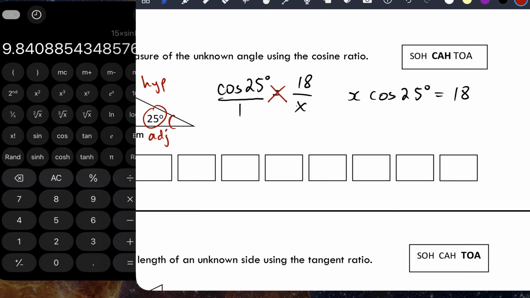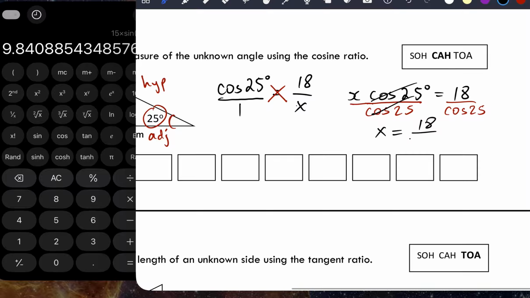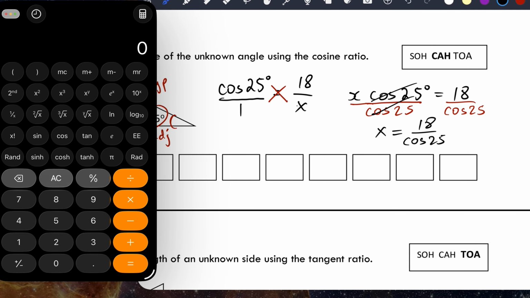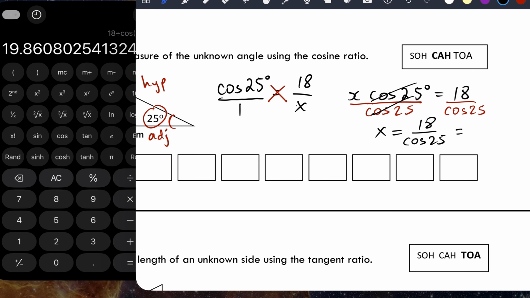And now if I divide both sides by cosine 25, I can isolate for x, right? Cosines cancel. Here I have x equals 18 over cosine 25. And I can take a calculator and do that here. 18 divided by cosine 25. And that answer is 19.86.